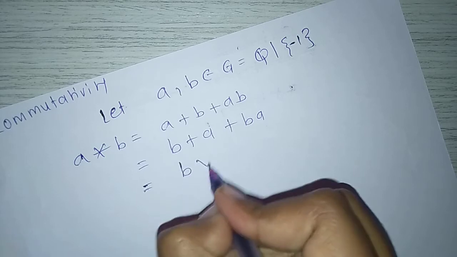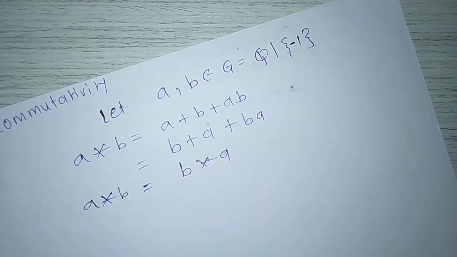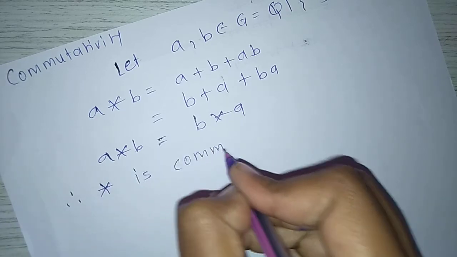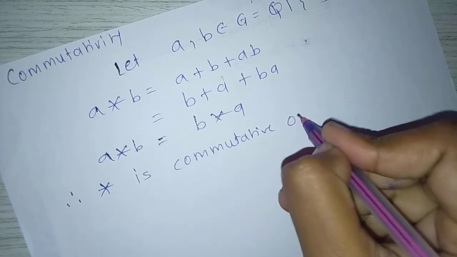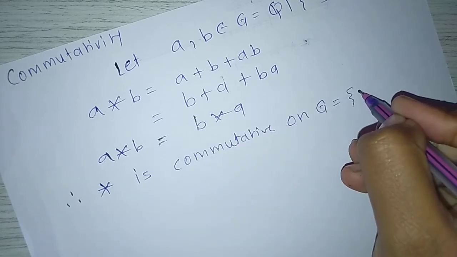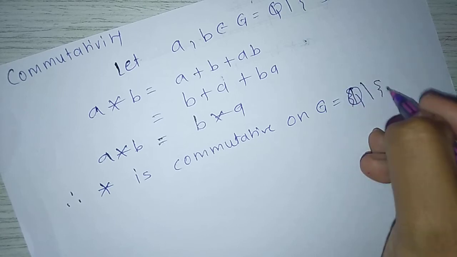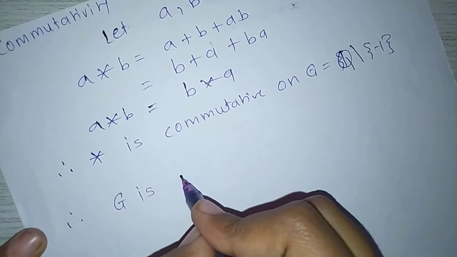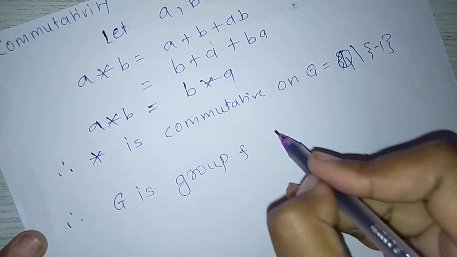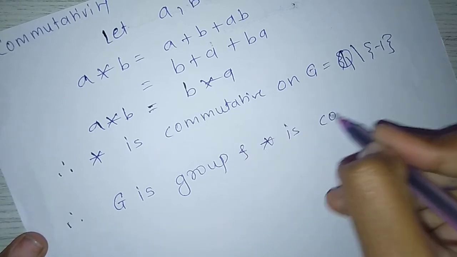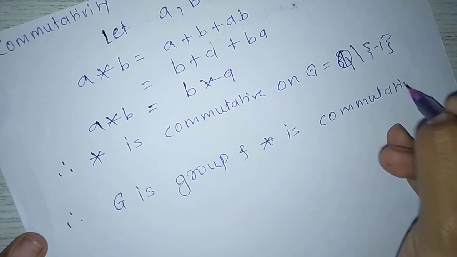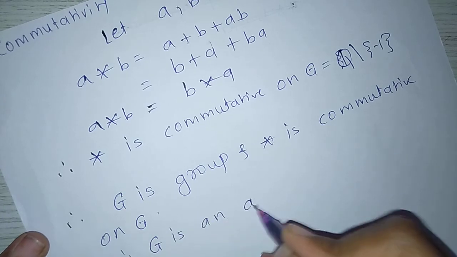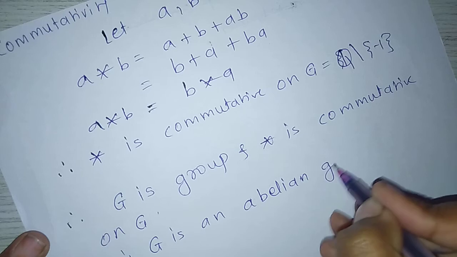Therefore, we get B * A. A * B = B * A. Therefore, star is commutative on G. Therefore, G is a group and star is commutative on G, therefore G is an abelian group.